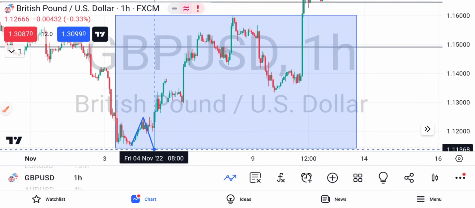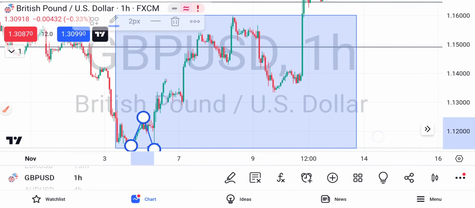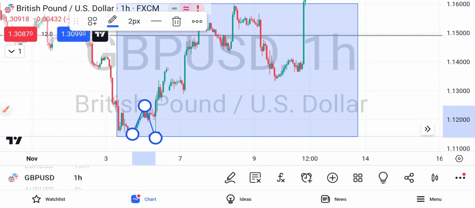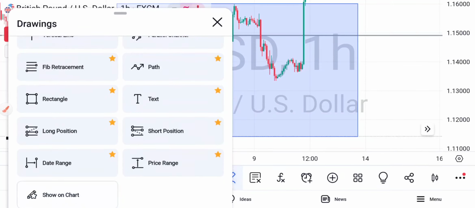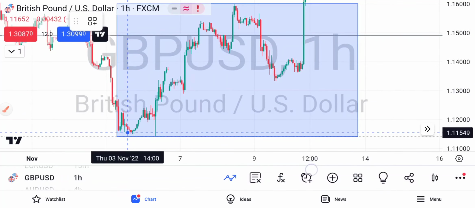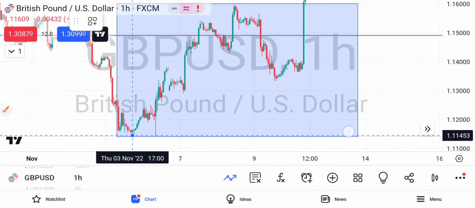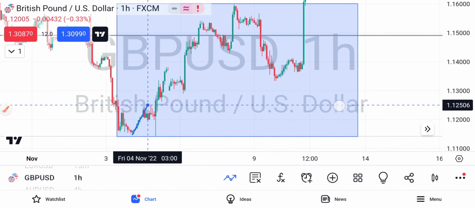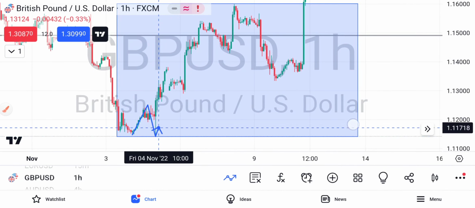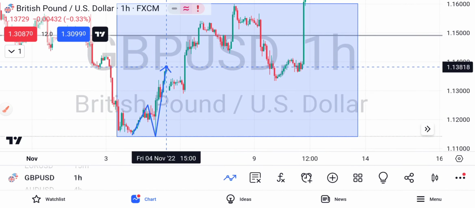Now these people will be thinking that the market is seeking to go lower, but what it just did was take out the liquidity below the market. Okay, let me do that again. Sorry, it just took out the liquidity below the market. That's just here. You can see it just took out the liquidity below the market and went higher.